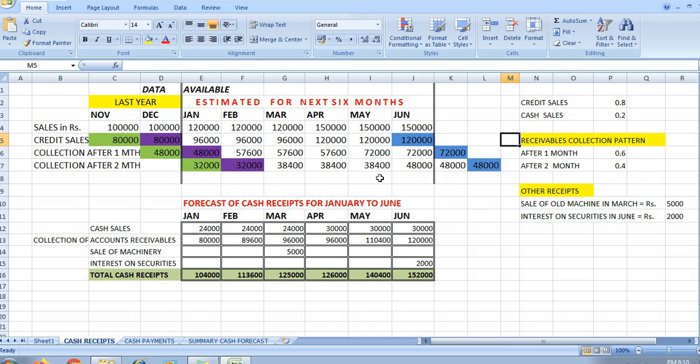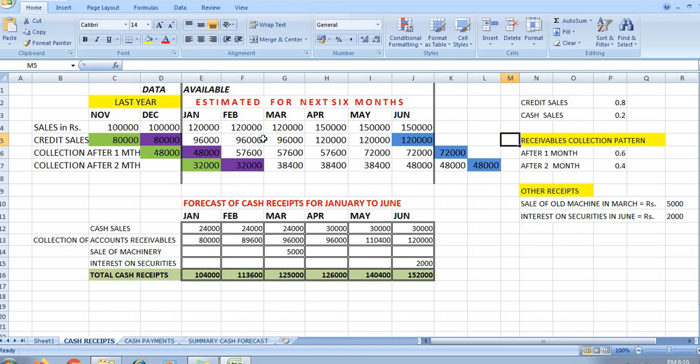So first what we need to understand is that of this credit sales, what are the receivables collected per month. These are the sales figures: 1 lakh, 1 lakh, 1 lakh 20, 1 lakh 20, and then it goes on at 1 lakh 50 and so on.